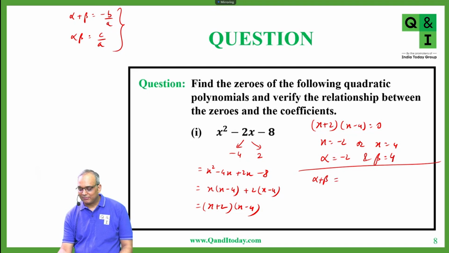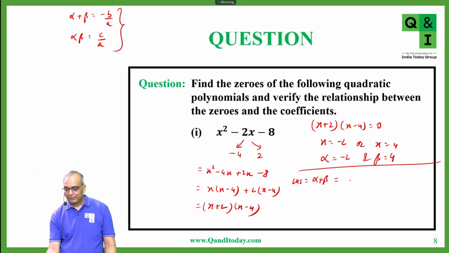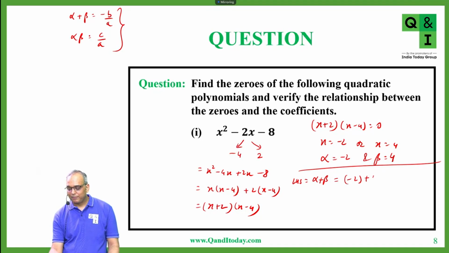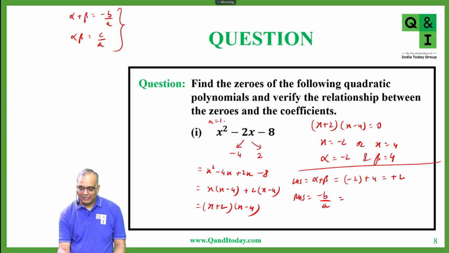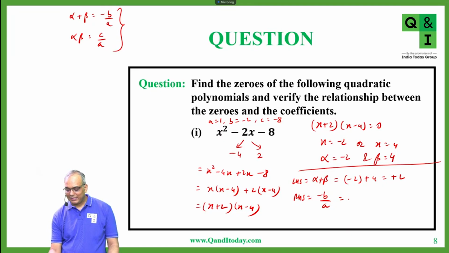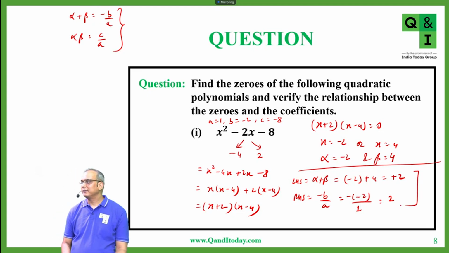So alpha plus beta, your LHS, will be equal to minus 2 plus 4, which is plus 2, and your RHS is minus b over a. If you check here, a is equal to 1, b is equal to minus 2, and c is equal to minus 8. So minus b over a, negative of negative 2 over 1, is equal to 2. So both LHS and RHS are equal.